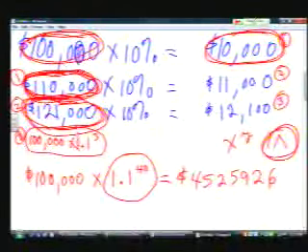So I get $4.5 million. Now that's with the assumption that I have 10%. This is compound interest.